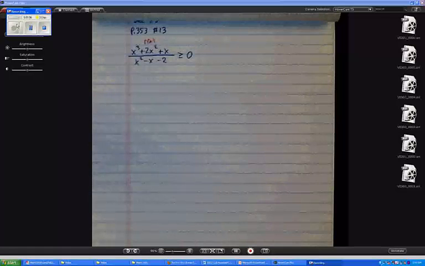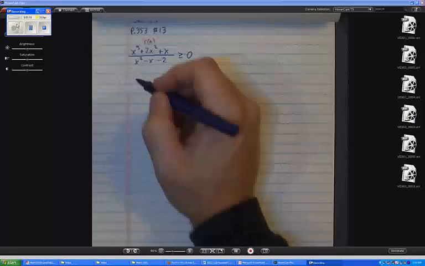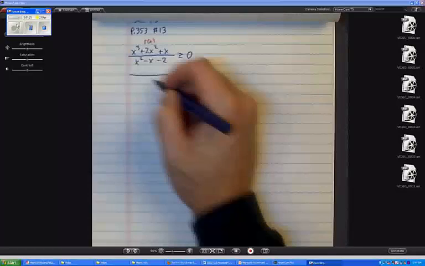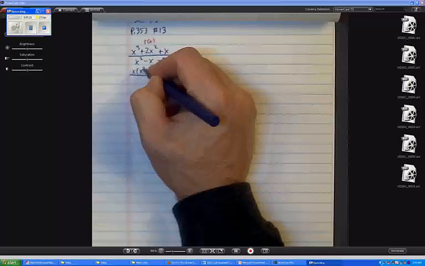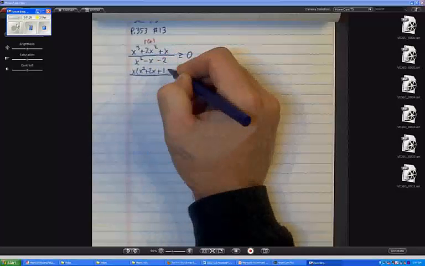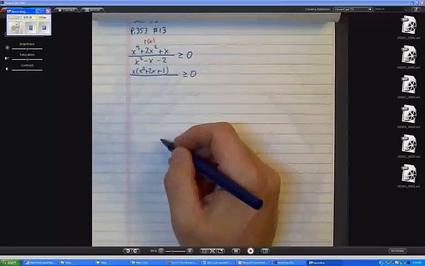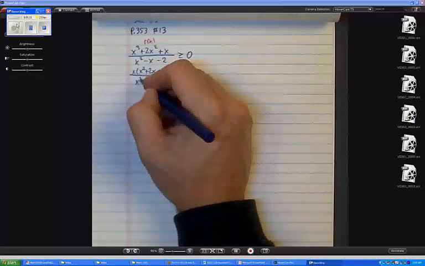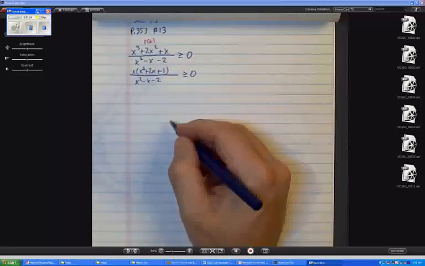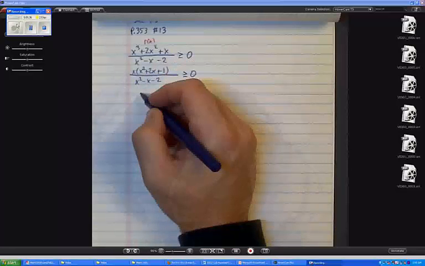Not quite. Do you know why I'm not quite ready for sign diagram? There's something I want to do to r of x first of all. I want to factor it. That's right. So let's do that. Let's factor the numerator. When I factor the numerator, well, I'll take out an x, right? x squared plus 2x plus 1, over x squared minus x minus 2, is greater than or equal to 0. Oh, that's nice. And so I can rewrite r of x this way.